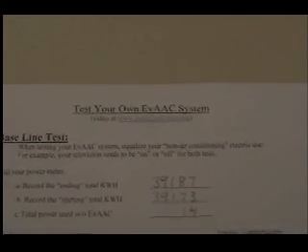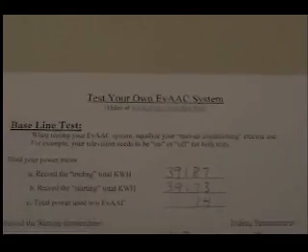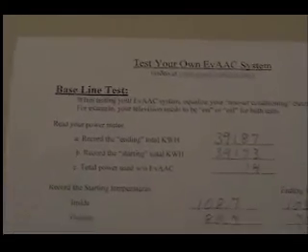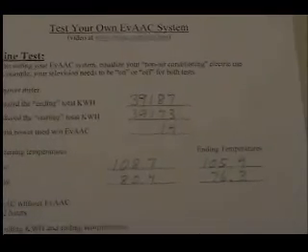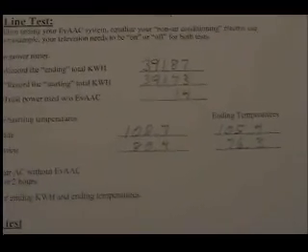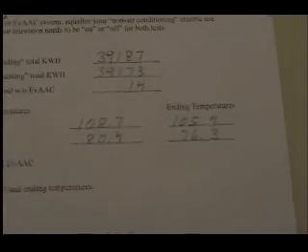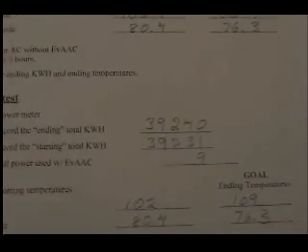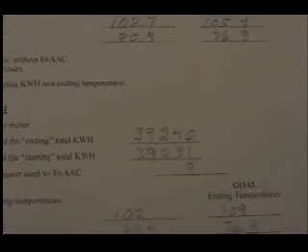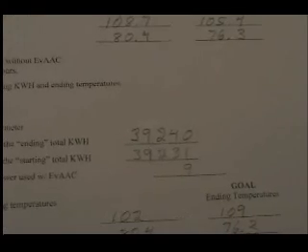Now it's time to do some math and see what our savings really are. On the first day we did a baseline test where we measured the kilowatt start, kilowatt end, and found out that we used 14 kilowatts to reduce the house temperature from 80 down to 76. And then we ran the evac, and we started off with a first kilowatt reading of 39,231, and we just read the meter at 39,240.